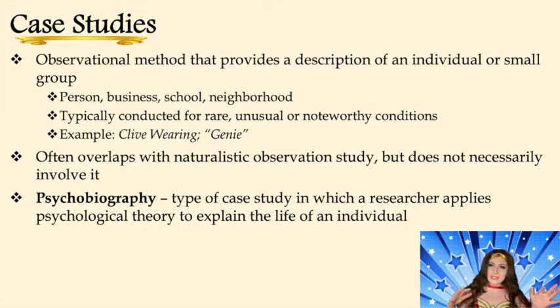So, for example, let's say a particular serial killer was captured and placed in jail, and we really want to understand kind of what's going on in the brain of someone who would be committing crime after crime after crime, and especially when it comes to murder. So they try to analyze the person's life based on various psychological theories that we already know.